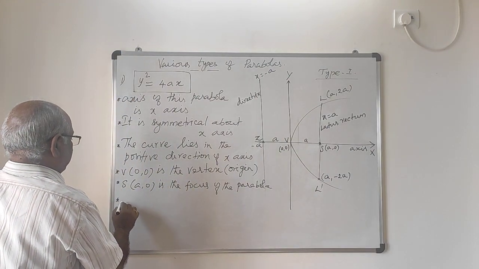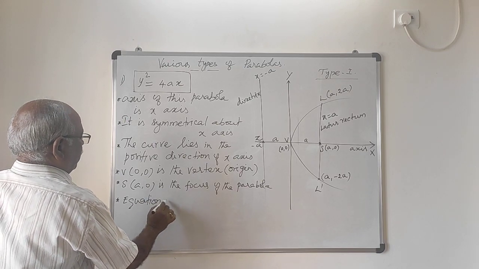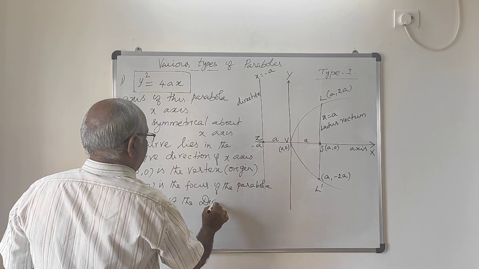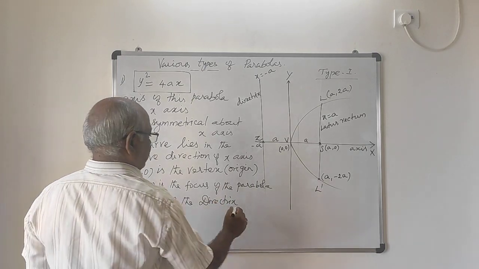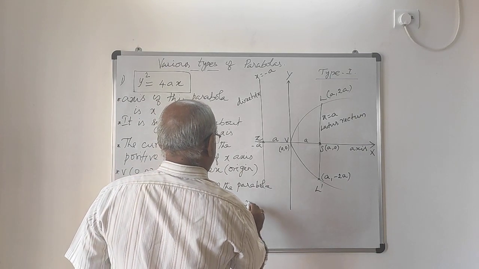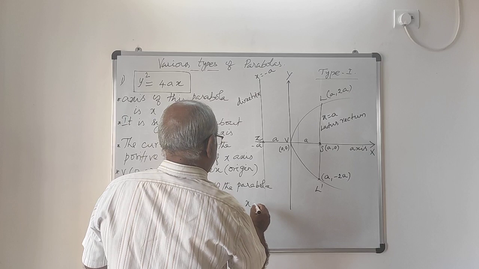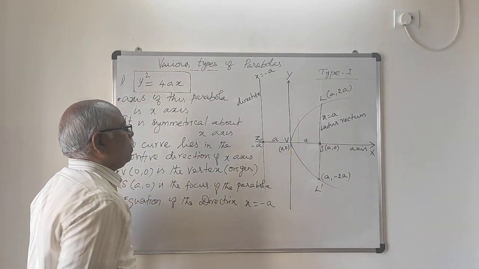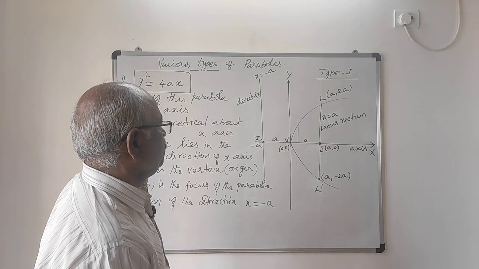The equation of the directrix is x equal to minus a, or we can write it as x plus a equal to 0.